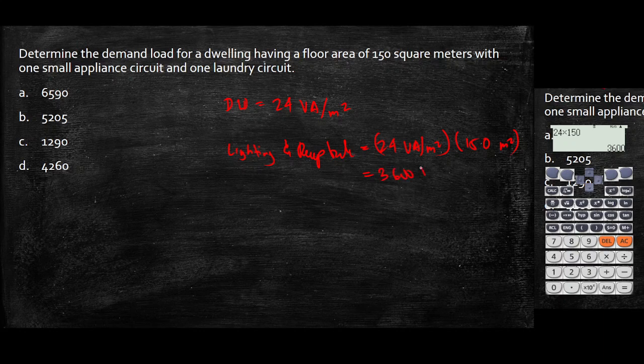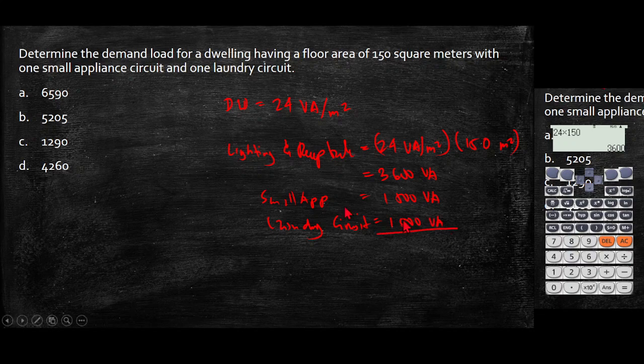For the small appliance load, this is 1.5. Then for the laundry circuit, this is also 1.5.